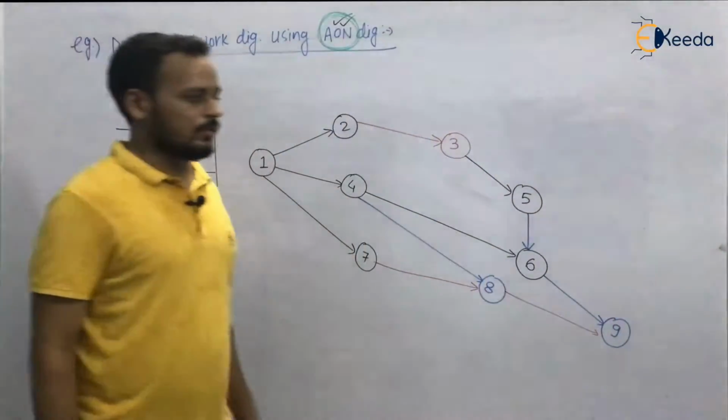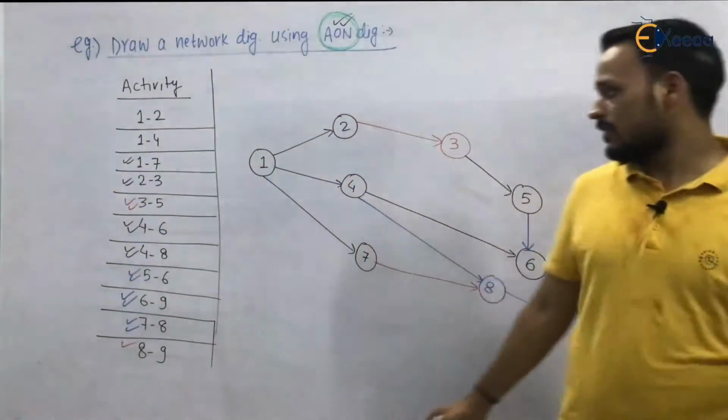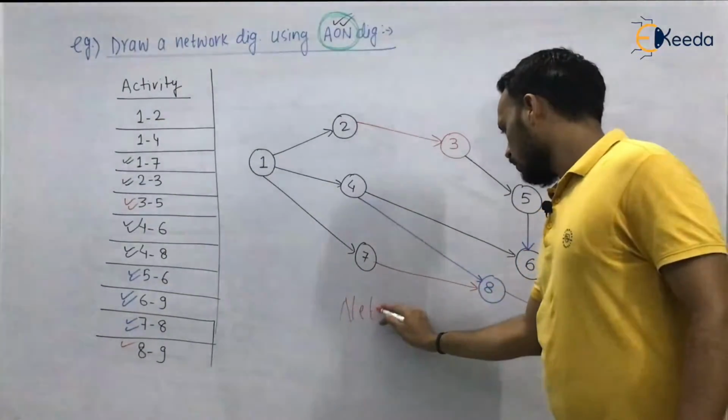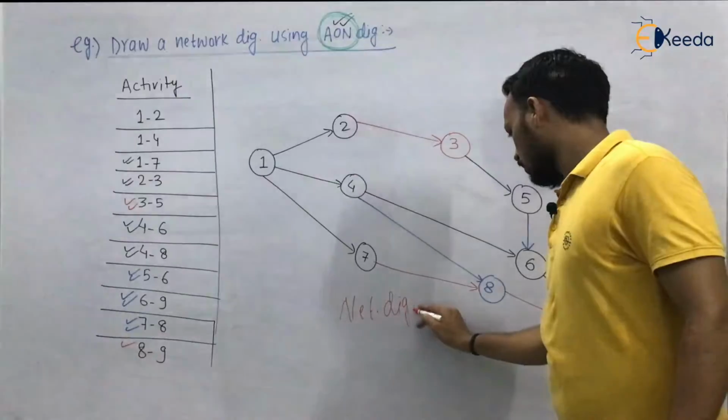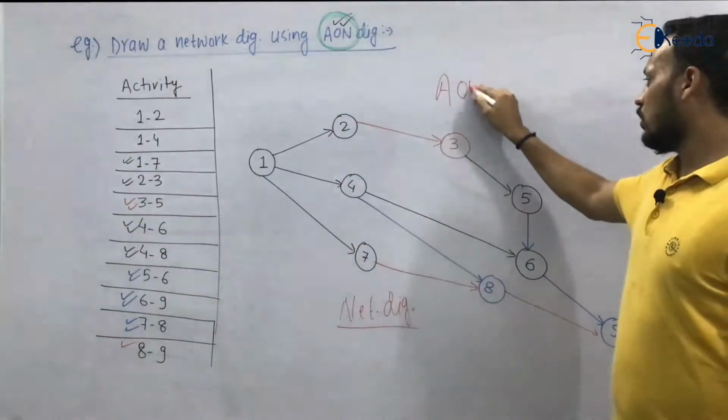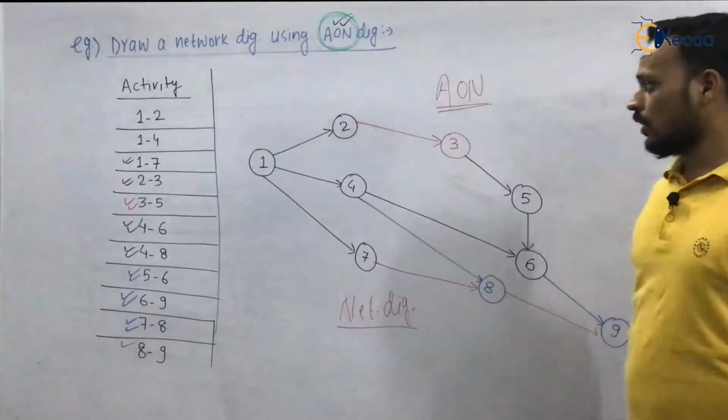It is much simpler. So you have drawn your network diagram, and this is AON, where the activity is present on the node.